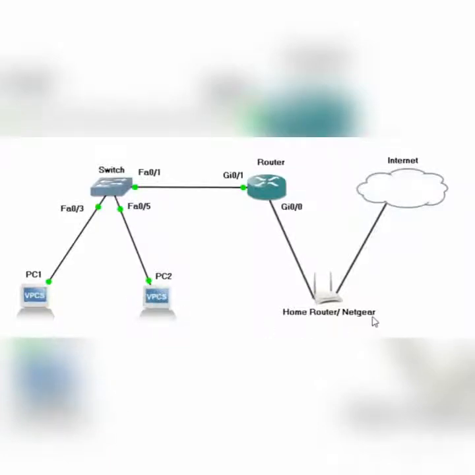So what we will do, we will connect a Cat5 cable to the LAN port of this ADSL router, and the other end of that Cat5 cable to the gigabit Ethernet port 0/0 of the router, and we will configure the gigabit 0/1 port of the router, and we will create a DHCP pool here, and configure some other things I will show you later.